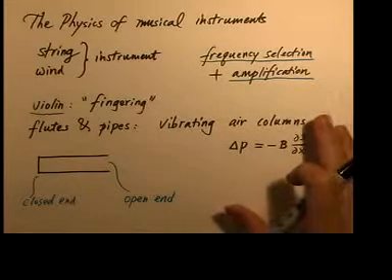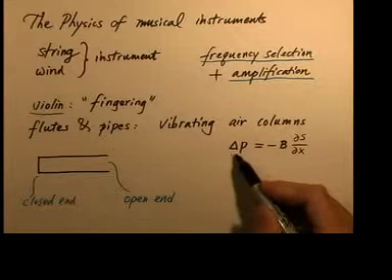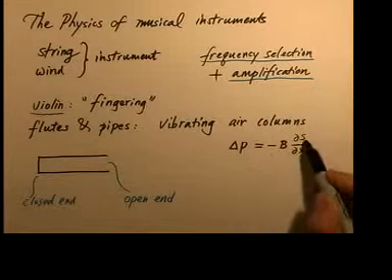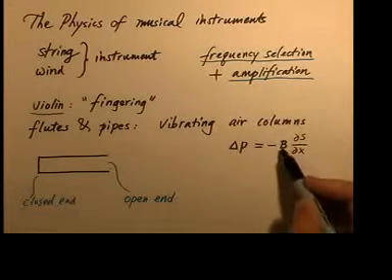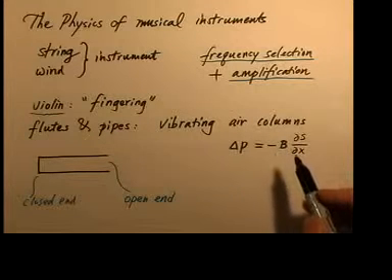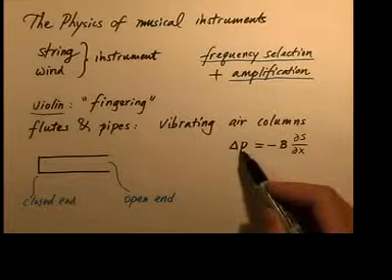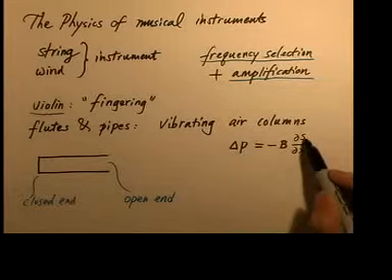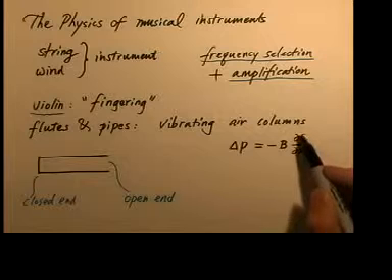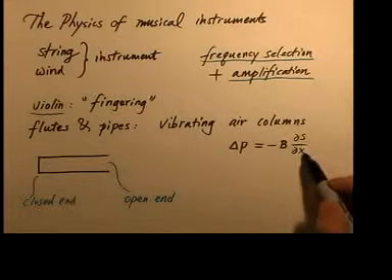There is a relationship between the pressure variation and the displacement S of the sound wave. This equation is copied from the last chapter. Here, B, as you recall, is the bulk modulus. Okay, you notice the interesting thing here, and that is delta P, the pressure wave, is not directly proportional to the displacement wave S. Rather, it's directly proportional to the derivative of S with respect to location.